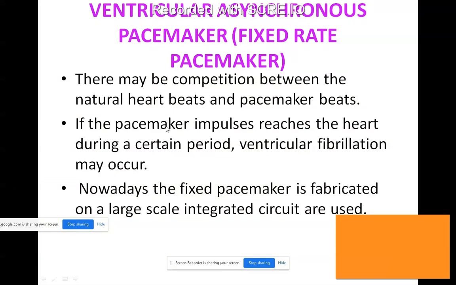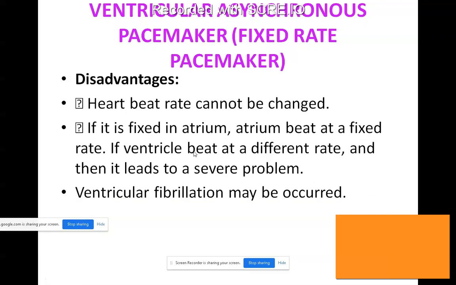So if the pacemaker impulses reach the heart during a certain period, I already said this. If it is fixed in the atrium, the atrium beats at a fixed rate. If the ventricle beats at a different rate, then it leads to a severe problem. So here we are going to place this type of pacemaker in the atrium. I think you all know the parts of your heart.